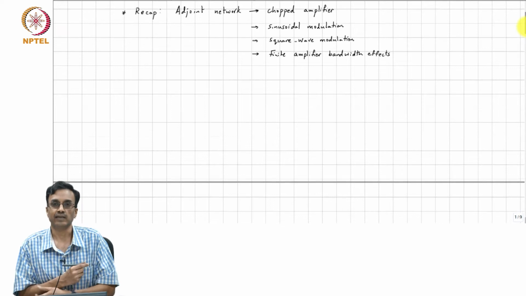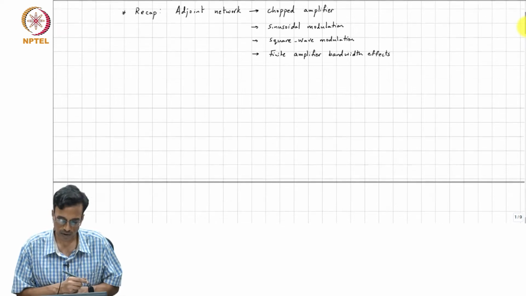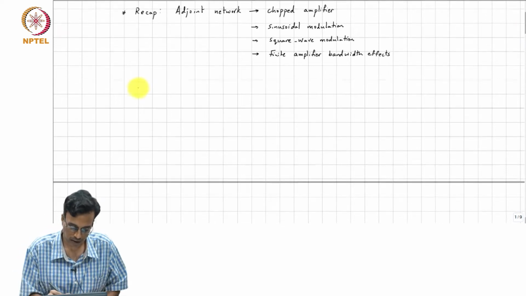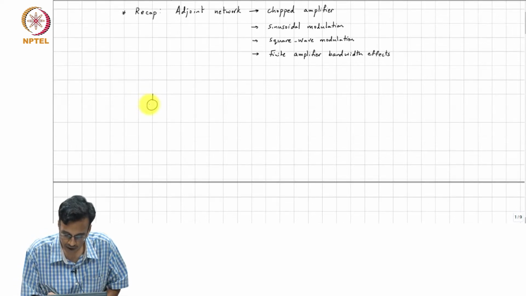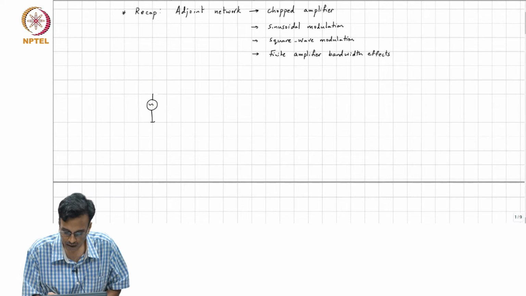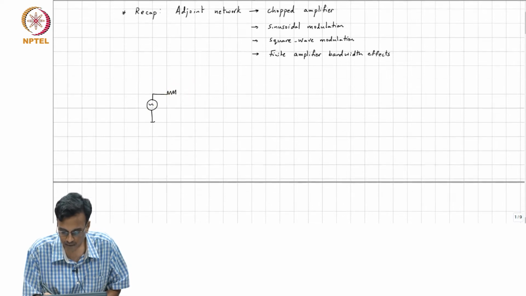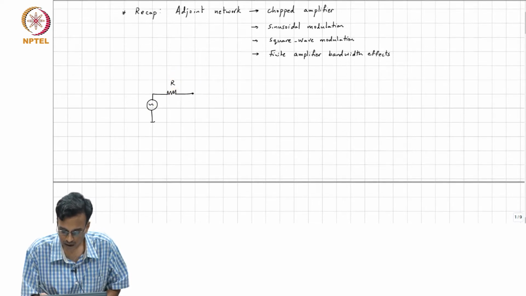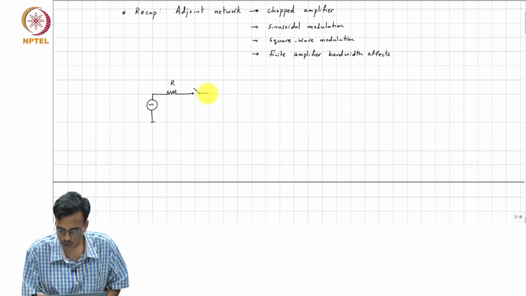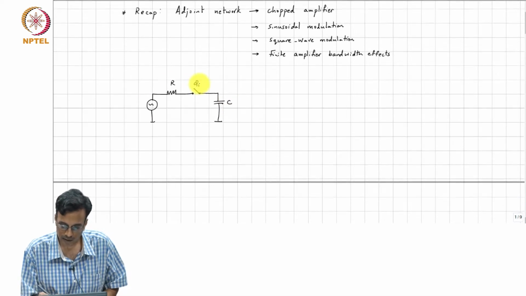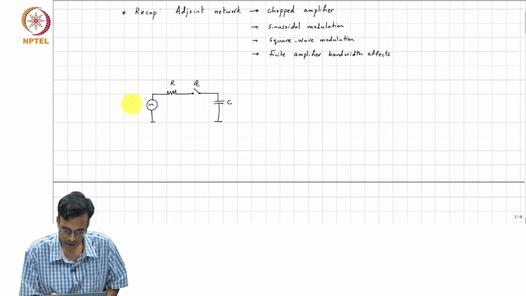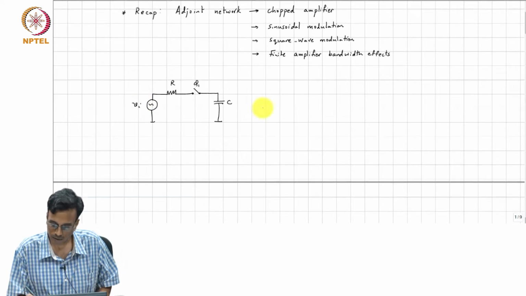Let us take a final example on the use of adjoints, now this time at a more circuit level. We have already seen the switched RC network. This is R, this is a periodically operated switch, and this is a capacitance, and this is Vi and phi 1.